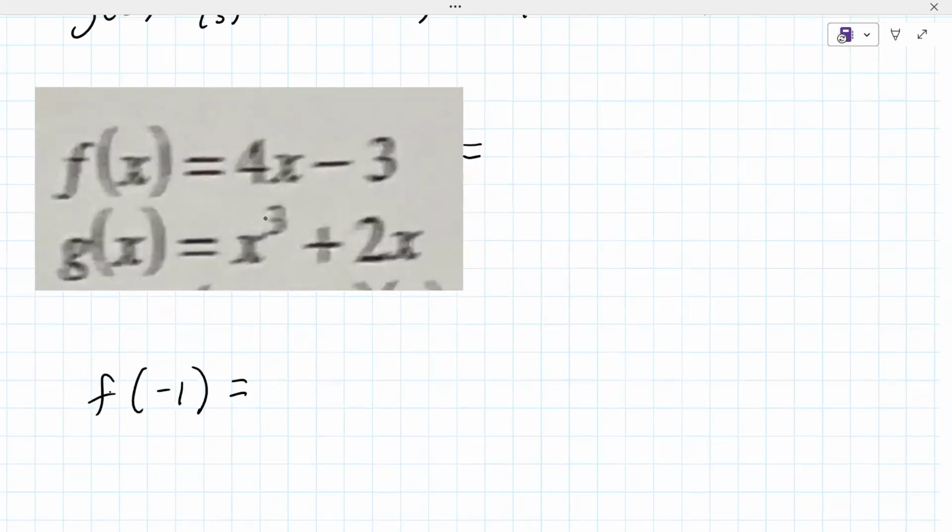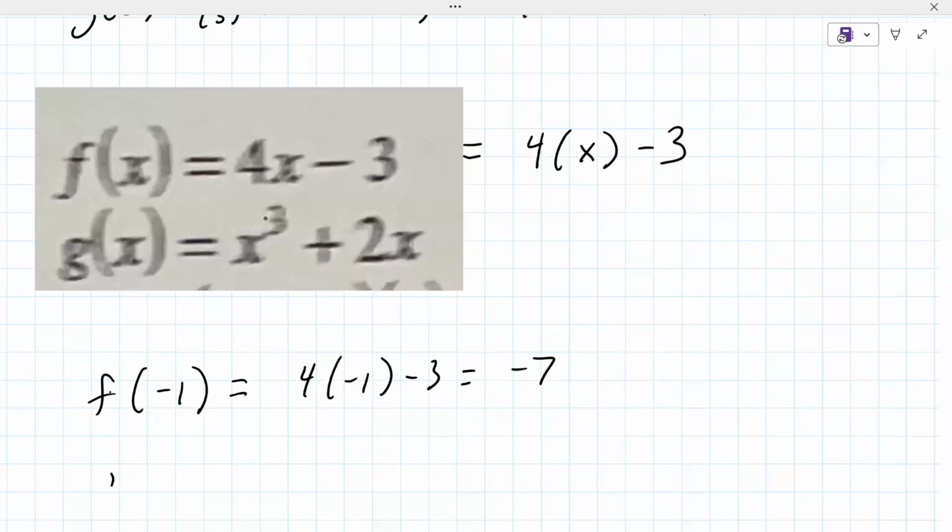And as a reminder, it's best to treat the variable as if it's in parentheses. -7. 4 times -1 minus 3 is -7. Good. Now, could you calculate g of -1?